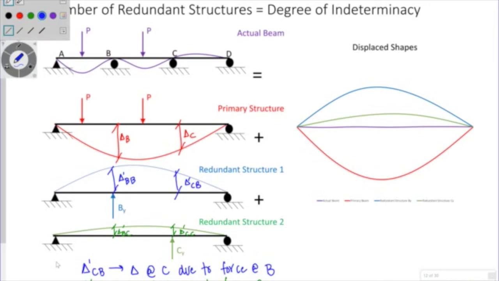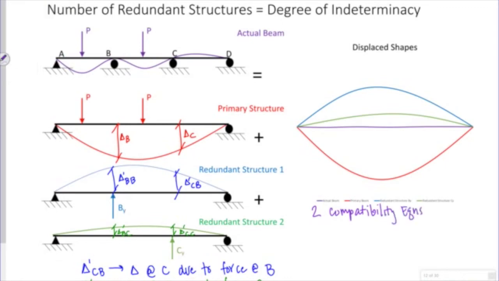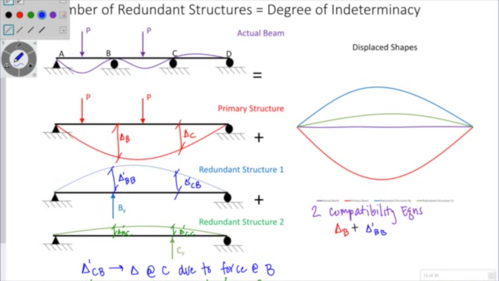I have to have two compatibility equations. My displacement at B in my primary structure, plus my displacement at B in my redundant structure 1, where I applied the force at B, plus my displacement at B, where I applied my force at C from my second redundant structure.